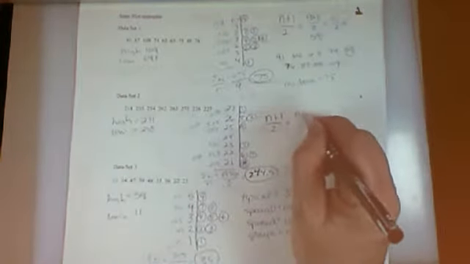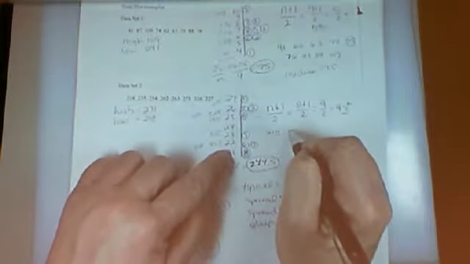Now, here's where it gets fun. So look at the next one. How many observations do you have in the next one? 8. So if we do n plus 1 divided by 2, that's 8 plus 1 divided by 2, which would be 9 divided by 2, which is 4.5. We need the 4.5th one.